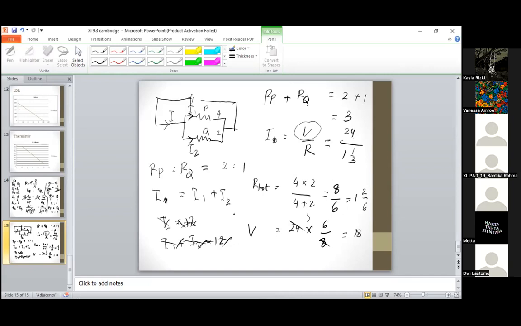After we get V is 18, we know the I total is 18 divided by 8 per 6. Wait a minute, 18 divided by 8 multiplied by 6, 13.5.